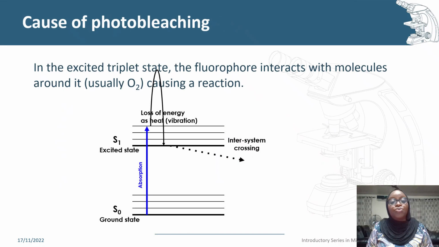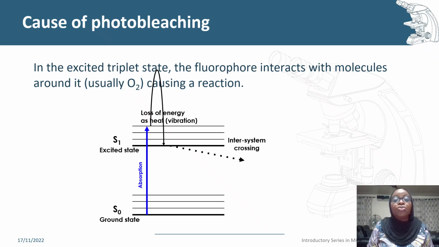So this leads us to what you call photobleaching, and what causes this photobleaching. Don't forget that in the excited triplet state, the fluorophore interacts with molecules around it, usually oxygen, causing a reaction.